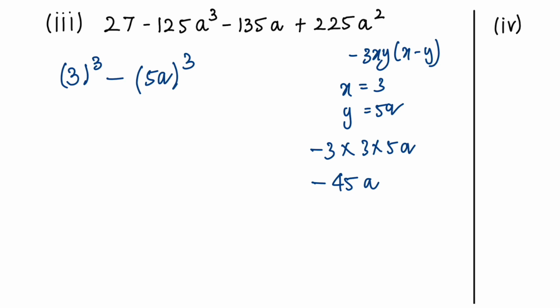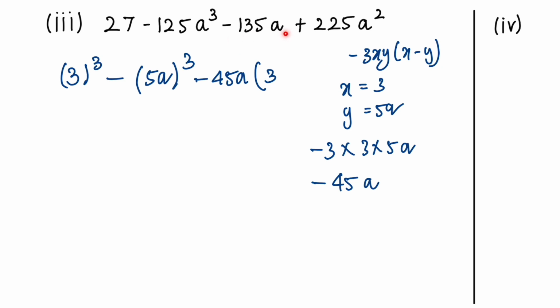If you take 45 from these two, what will that become? Let me just take minus 45a here. So that makes it 3a, right? Is it 3a? No, it's not 3a, it's just a 3. Okay, because we have taken a from here, right?